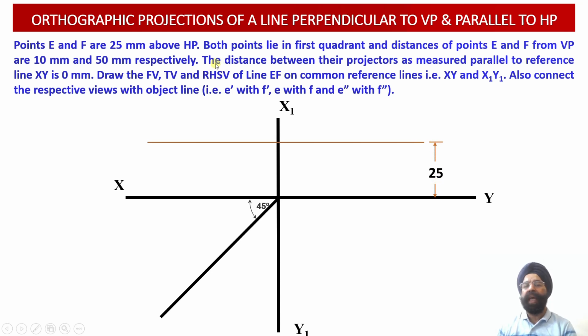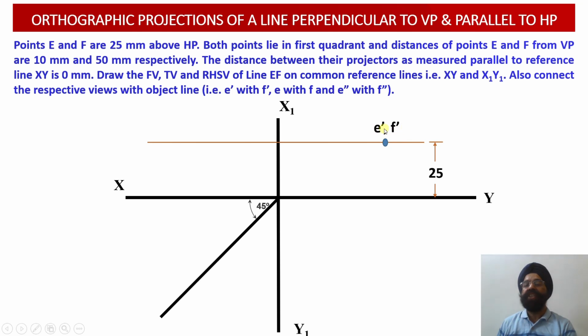And we also know that the distance between the projectors of the ends E and F, as measured parallel to the reference line, happens to be 0 millimeter. So it means that in the front view projections, points E dash and F dash are going to coincide with each other.